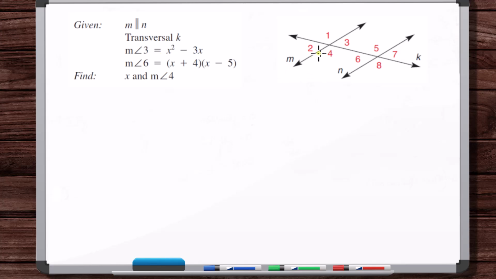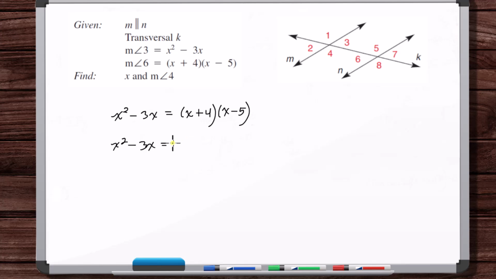All right, so M and N are parallel, cut by transversal K. They give us expressions for the measure of angle 3 and the measure of angle 6. We can see 3 and 6 are opposite interior angles, so let's set the measure of angle 3 equal to the measure of angle 6. Now let's solve for x.